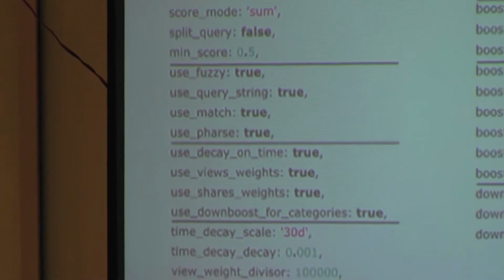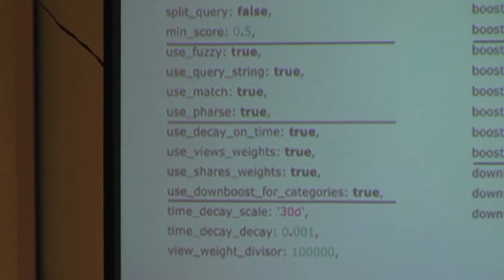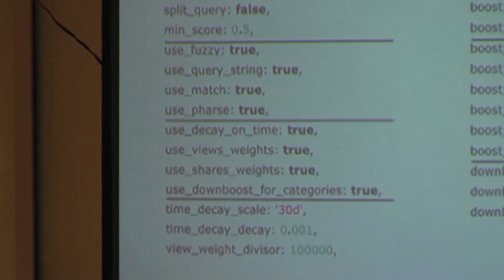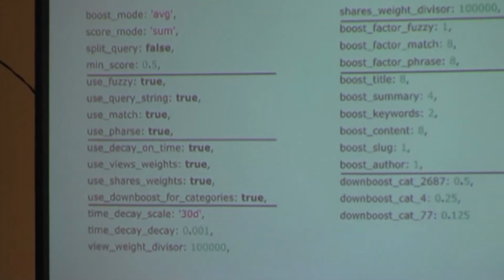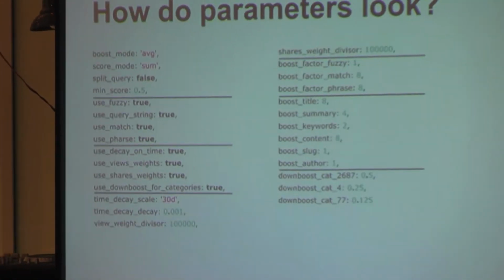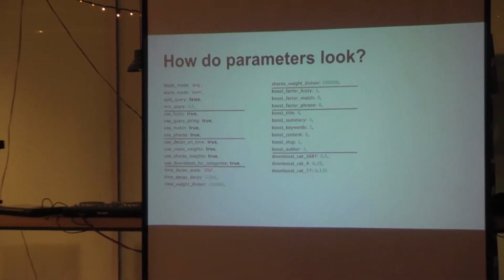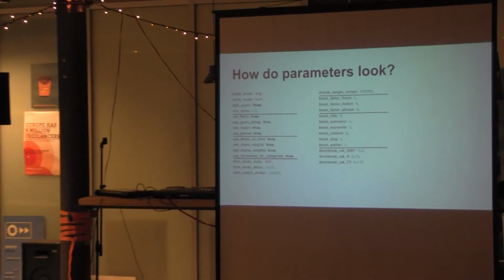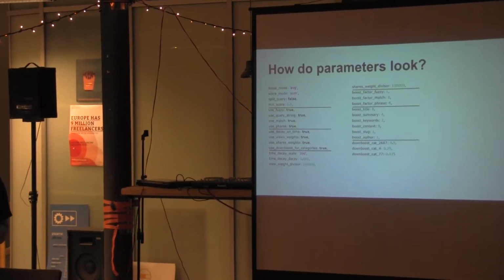Let's say title is boosted like 8, summary is boosted by 4, and so on. And the last section is because they have some categories like daily report or something, and news should be down boosted because they also have these deep articles about some fashion guys and stuff, which are obviously more important.